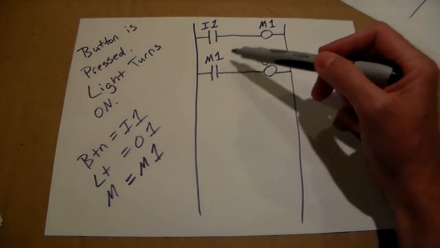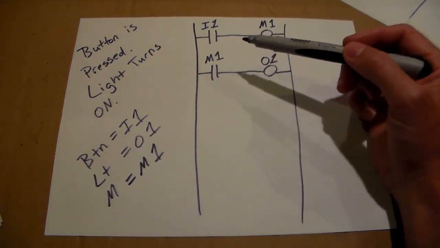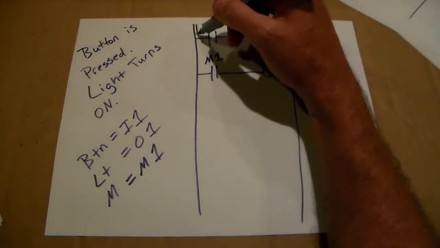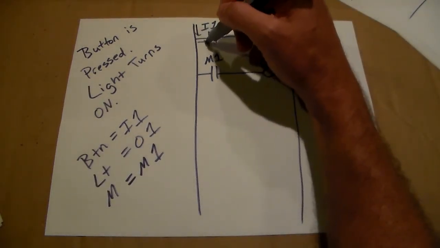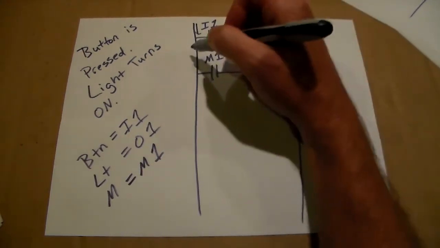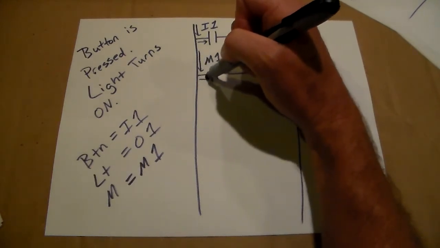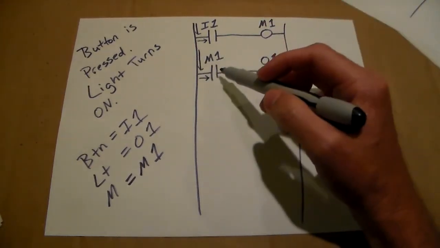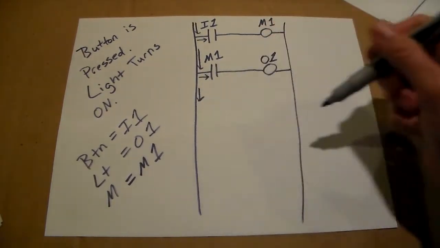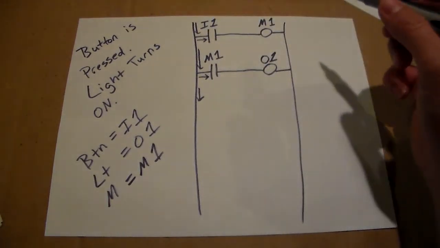And because they both share the M1 address, they are connected. They are the same thing. So when the logic's flowing, right, it's coming down, hits the contact. If nobody's pressing the button, the logic cannot pass. So it comes on down to this rung, hits this M1 contact. If it's off, it'll just keep on going. If there's more logic down below, it'll keep trying to solve it. If not, it'll come back to the top and start again.